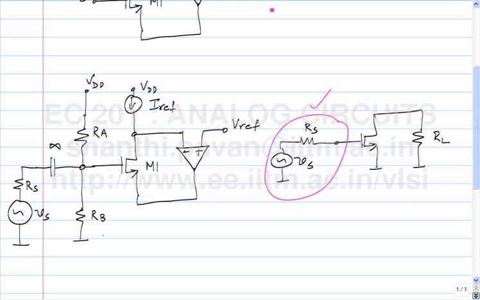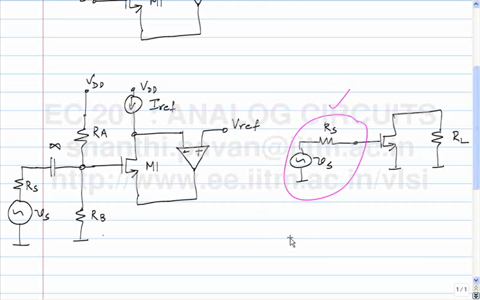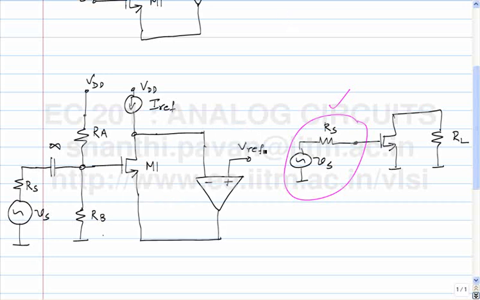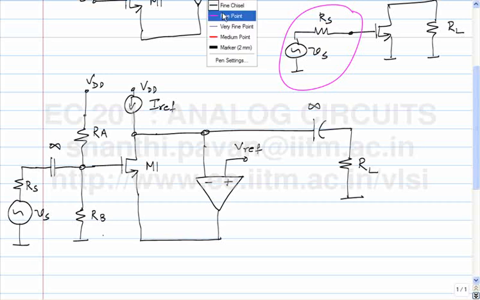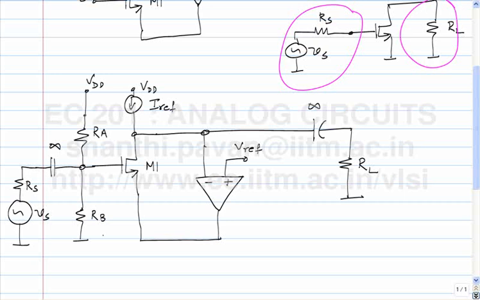Okay, so any suggestions on what I might be able to do? One suggestion is, at the drain you connect RL through an infinite capacitor. So the suggestion was to use an infinite capacitor and put RL. Okay, so that takes care of this guy here.